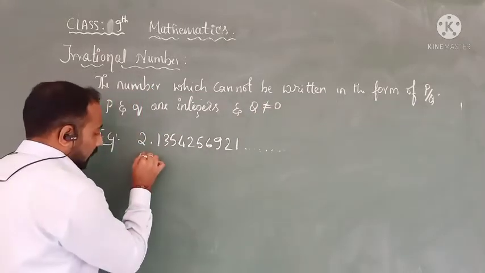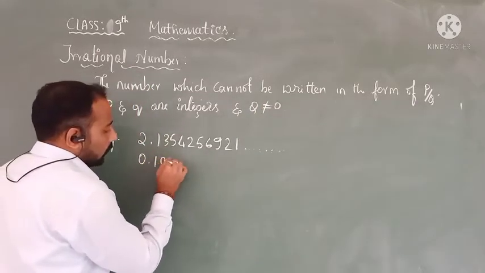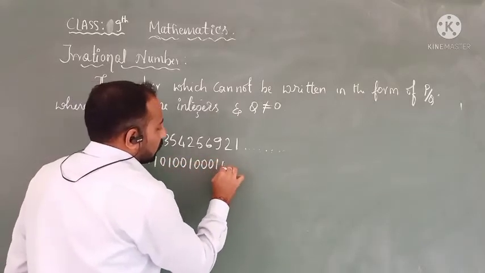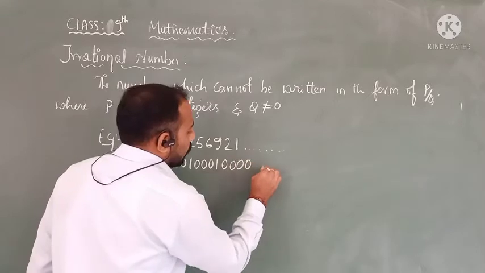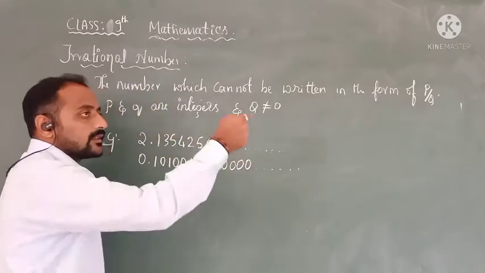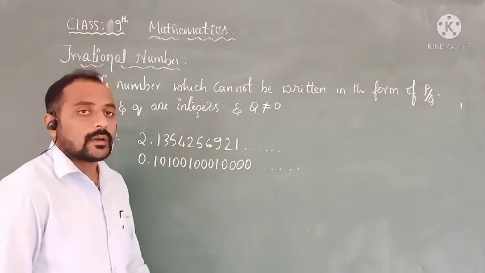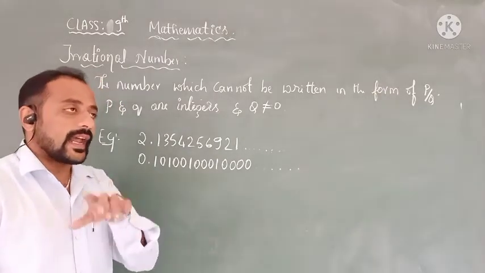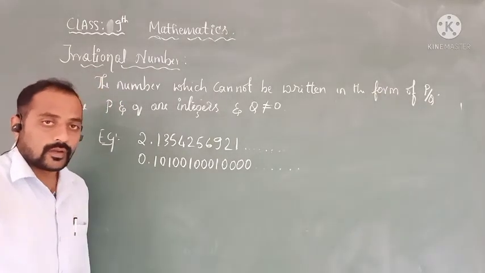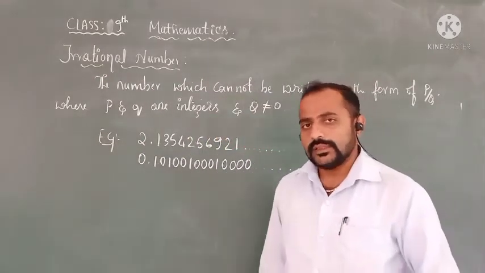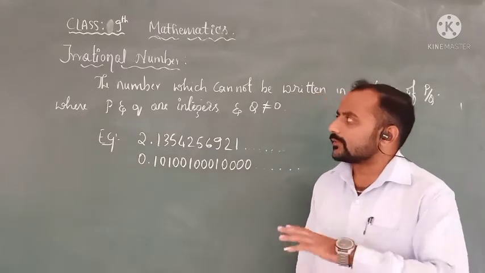Similarly, I can give 0.10100100010000100000 and so on, with the zeros increasing each time. This is also an example of an irrational number. There are more examples we can see.